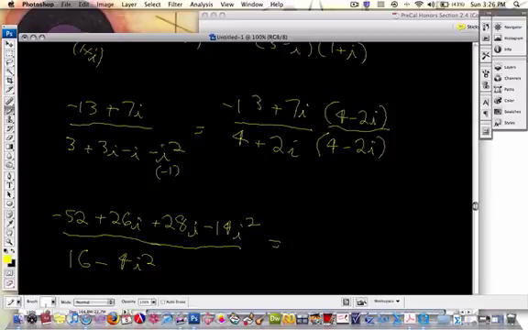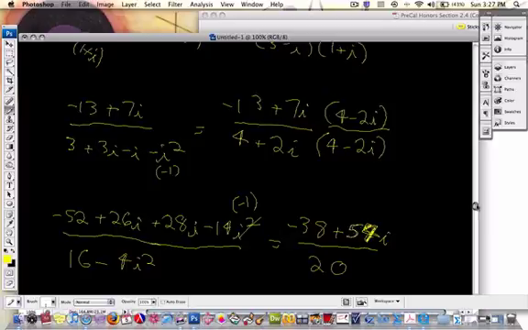The i squared I can write as negative 1, so the denominator becomes 16 plus 4 or 20. The numerator, once this becomes a negative 1, we can combine like terms. Negative 52 plus 14, negative 38, and then 26i plus 28i is, oh, not 58, 54i.